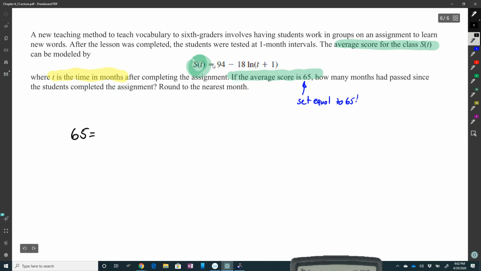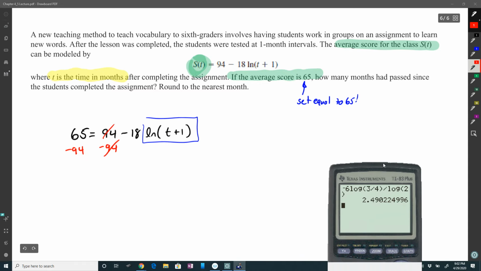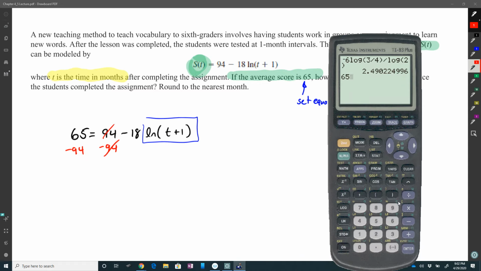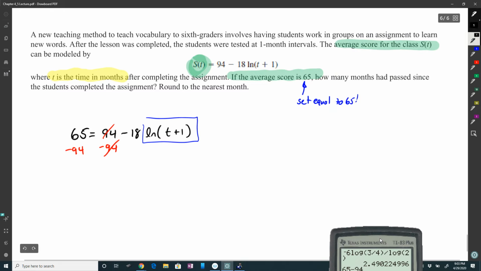So 65 equals 94 minus 18 natural log of t plus 1. Now, here's my log term. That has to be alone before I can do anything. So I got to move stuff around first. 65 minus 94 is negative 29 equals negative 18 ln of t plus 1.